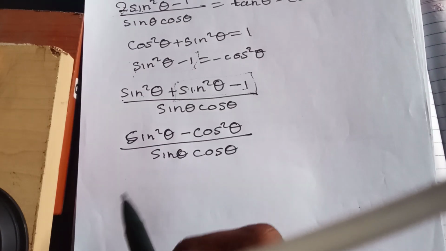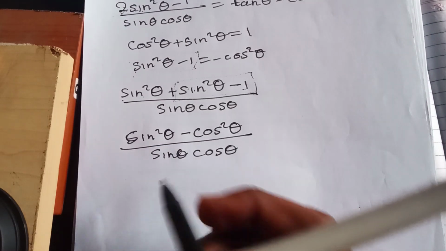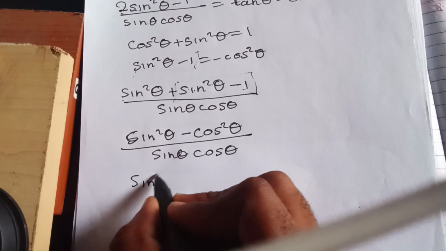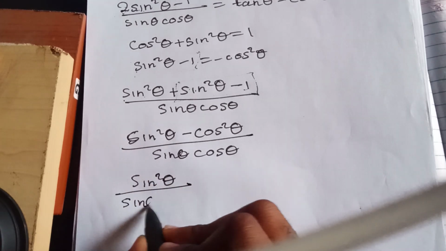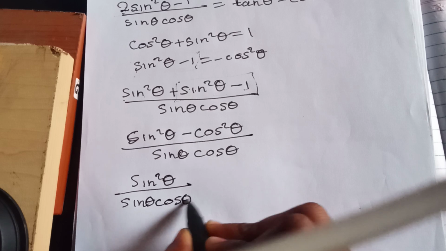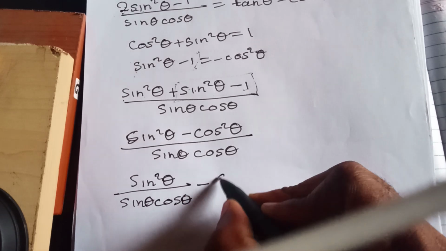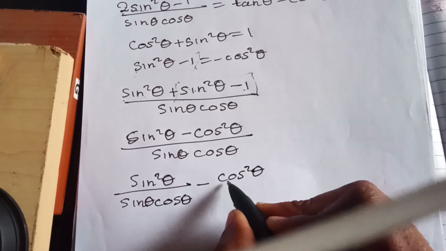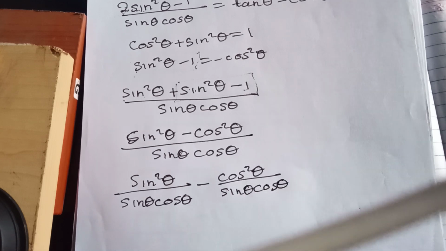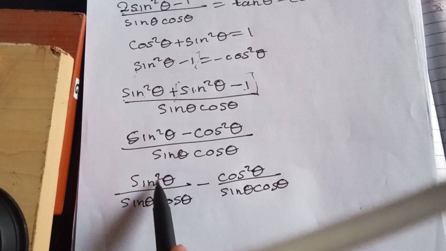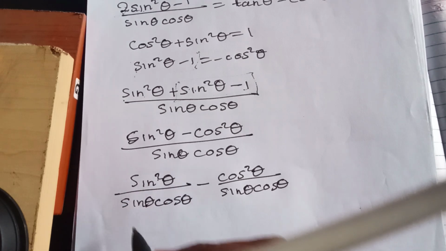And then next you can just separate them so that you have sine squared theta over sine theta cos theta, everything minus cos squared theta over sine theta cos theta, like this. Then you have 2 sines there, and then you have 1 there, so you can reduce this.